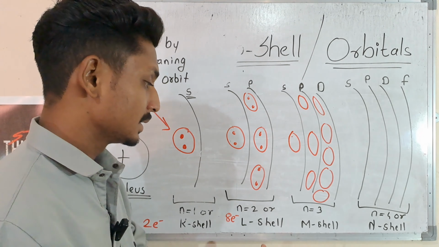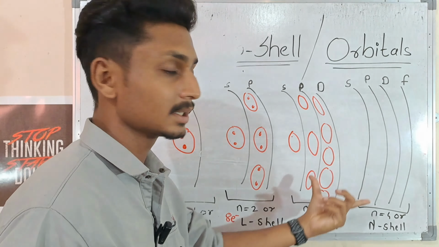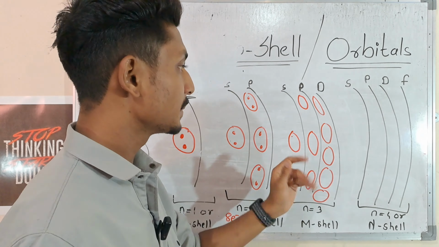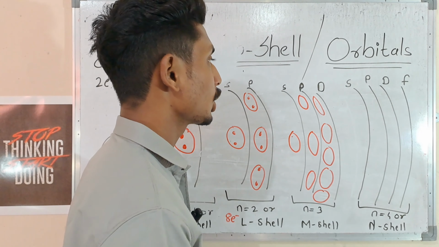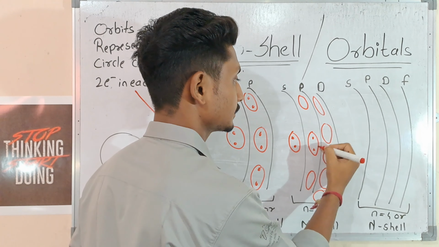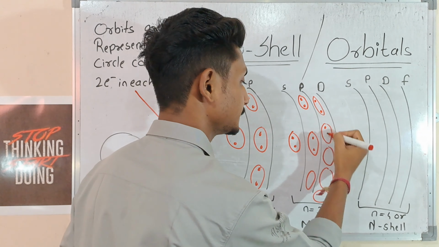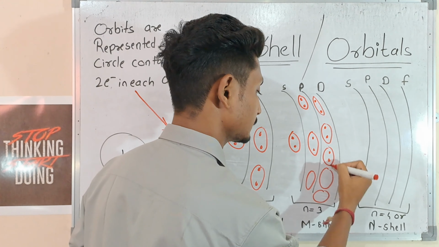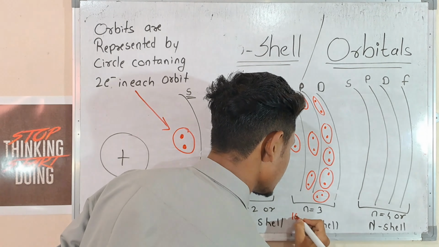And the M shell contains three subshells S, P, D. S has one orbit, P has three orbits, and D has five orbits, each orbit containing two electrons. Means the M shell contains 18 electrons.